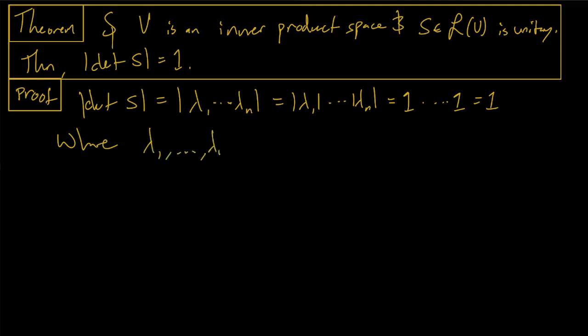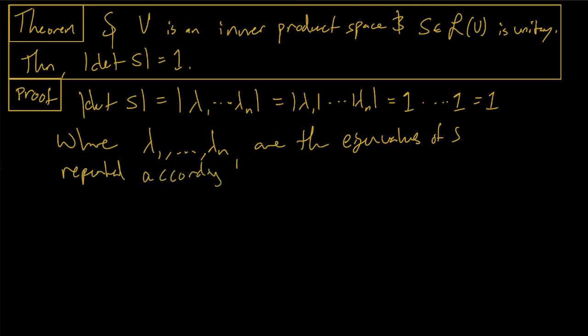Where lambda 1 through lambda n here are the eigenvalues of S repeated according to their multiplicity.